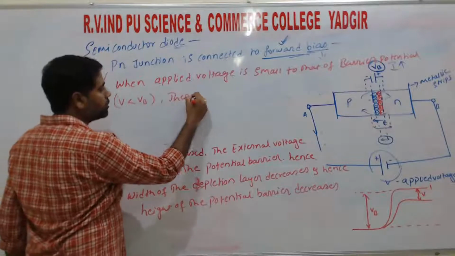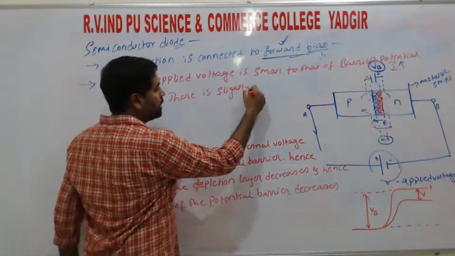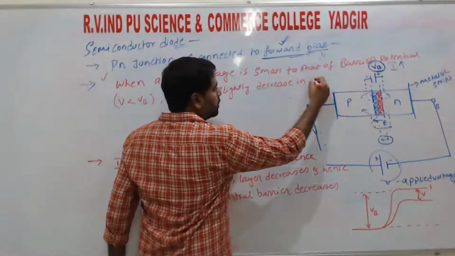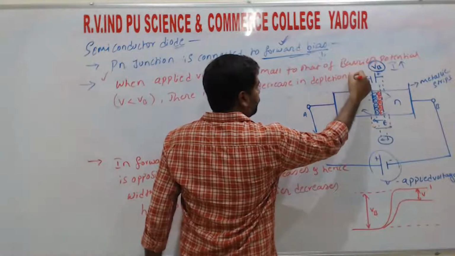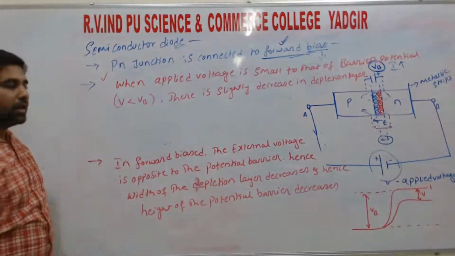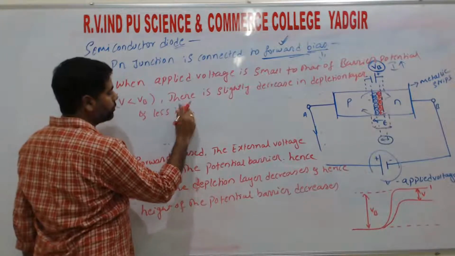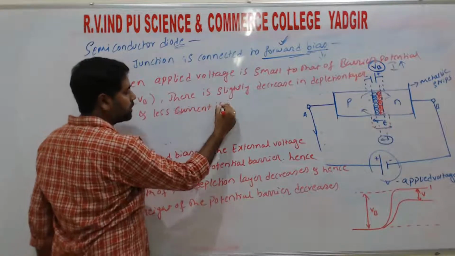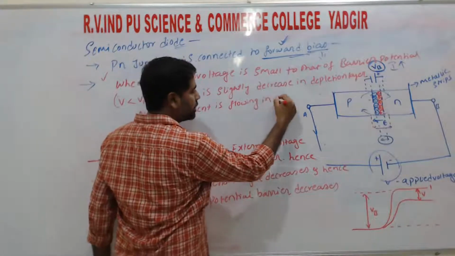So there is a slight decrease in the depletion layer, slightly decreasing the depletion layer, and less current is flowing in the external circuit.